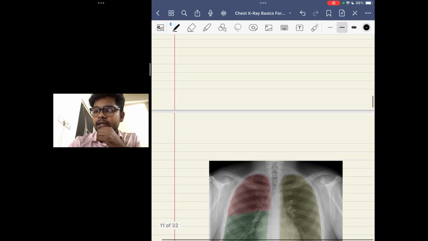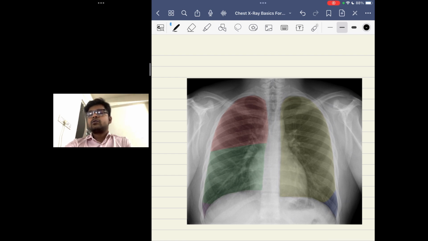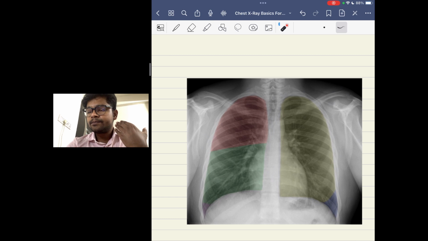Now let us look at the lobar anatomy first, and then go to the pathology. So from the frontal view, from the PA view, you can appreciate three lobes on the right side and two lobes on the left side.